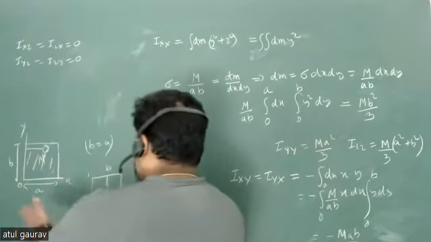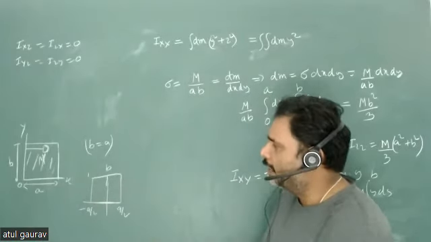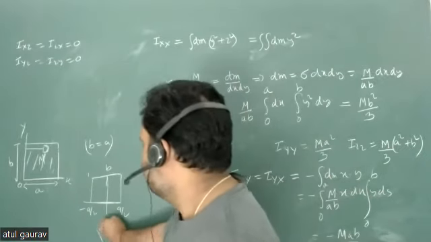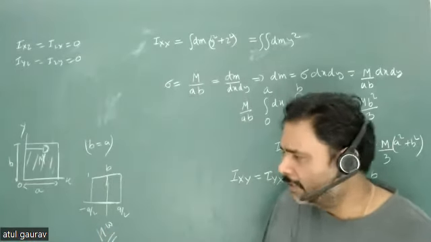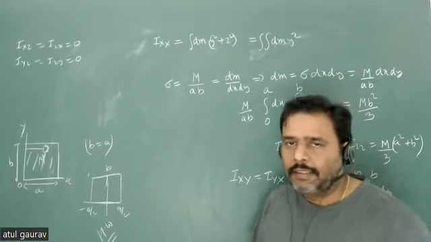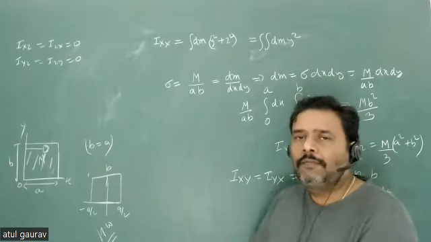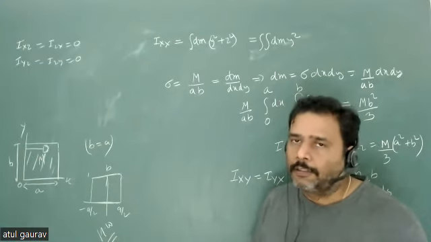So there is no change in y, we have changed x. We have just shifted our origin towards the right. And now this is your homework, that you can easily calculate what will be the moment of inertia in this particular case. Can you calculate it? It will be done? Same thing, nothing else. And you will see, you will get a different moment of inertia tensor because you have changed the origin.